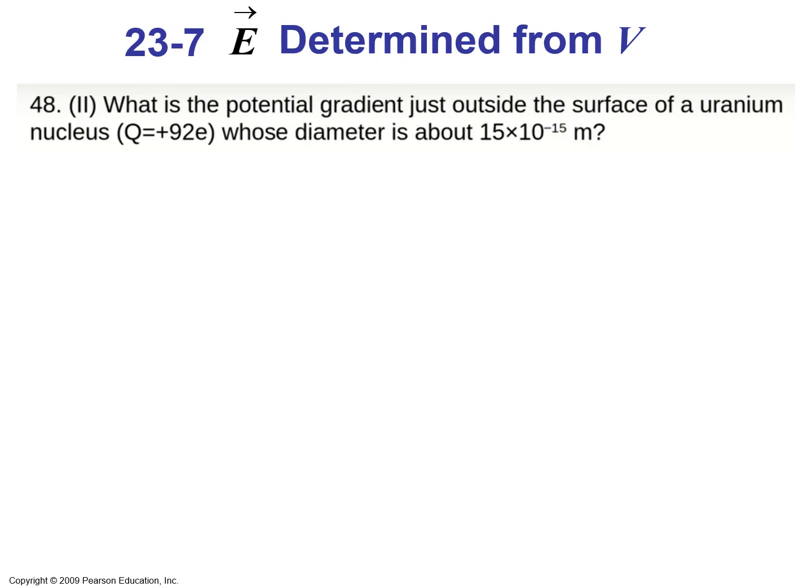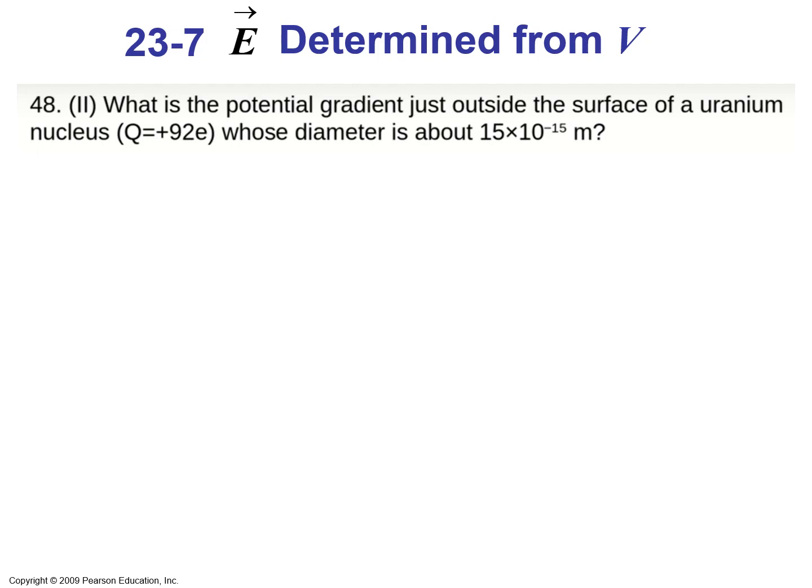What is the potential gradient just outside the surface of a uranium nucleus, Q equals plus 92e, whose diameter is about 15 times 10 to the power minus 15 meter?